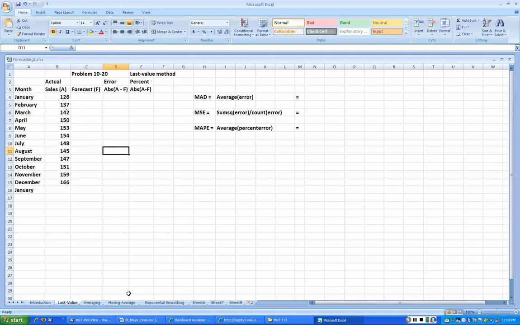As you can see here, we'll apply the last value method to this data set, the averaging method, then the moving average method, and exponential smoothing. We'll apply 4 different techniques to this data, and then we will compare all those 4 based on mean absolute deviation, mean squared error, and MAPE.